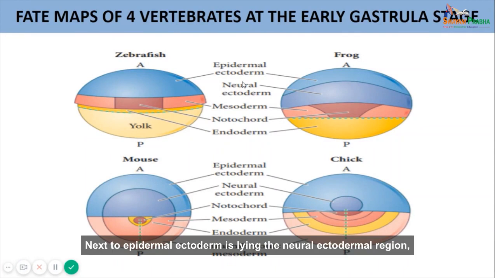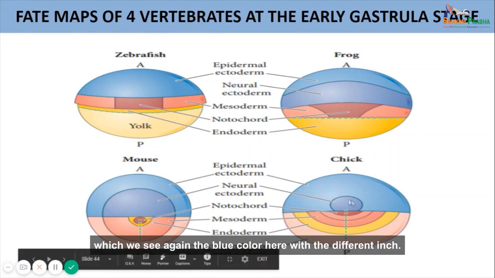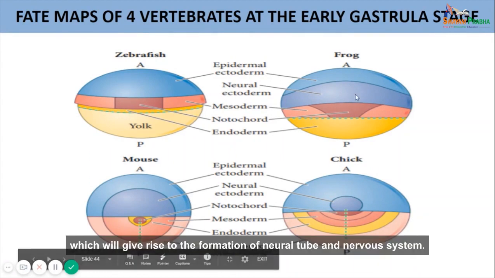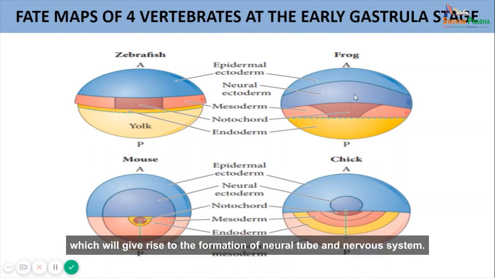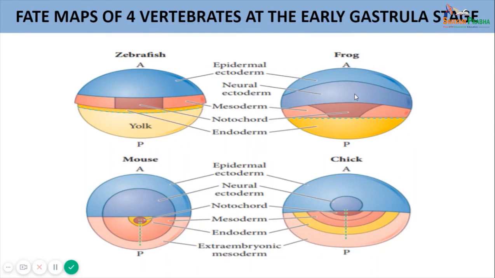Next to epidermal ectoderm is lying the neural ectodermal region, as we see again the blue color here with a different tinge. This neuroectodermal region is a small ectodermal region which will give rise to the formation of neural tube and nervous system.